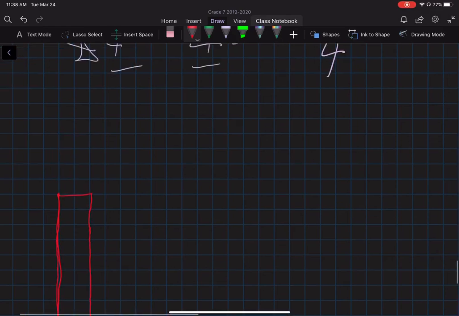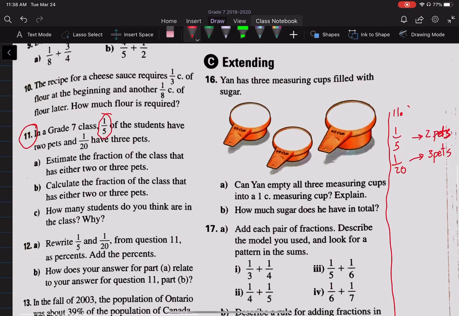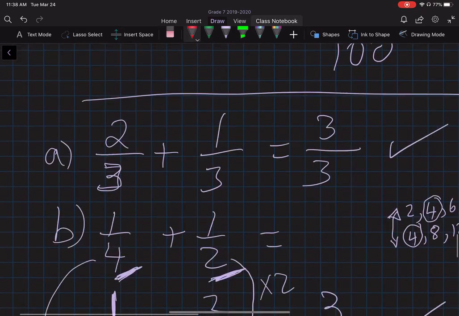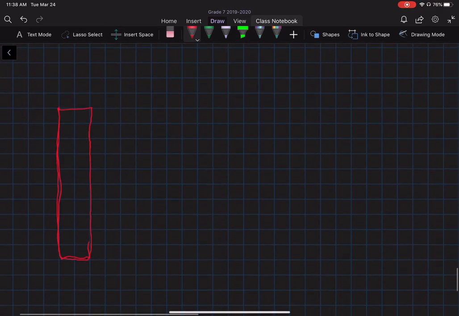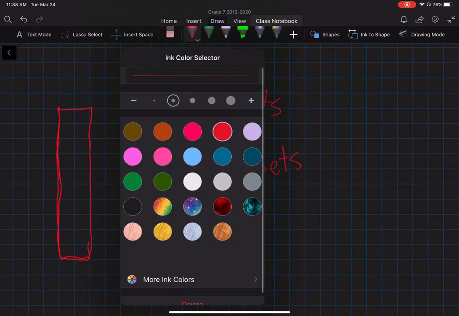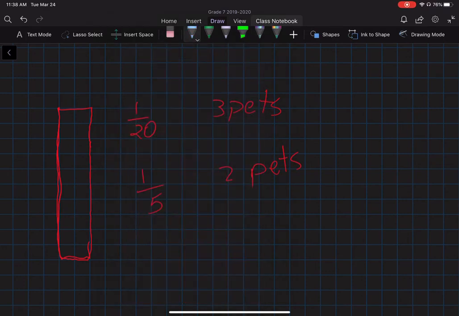So we know that 1/20 has 3 pets, and 1/5 have 2 pets. If I use a different color, let's say blue, and I color 1/20, I have 1, 2, 3, 4, 5, 6, 7, 8, 9, 10, 11, 12, 13, 14, 15, 16, 17, 18, 19, 20.